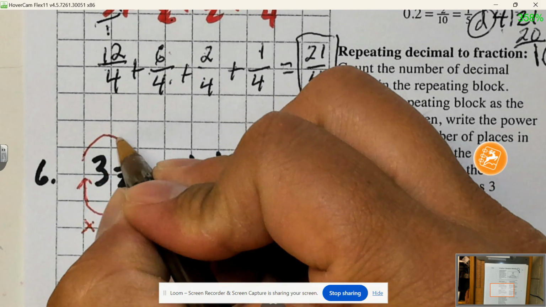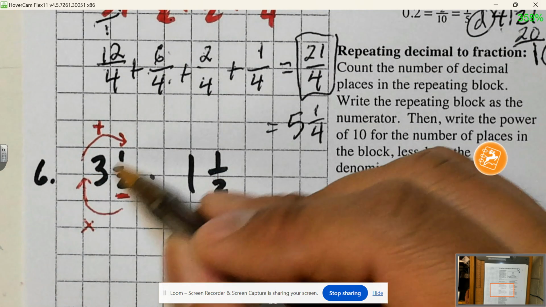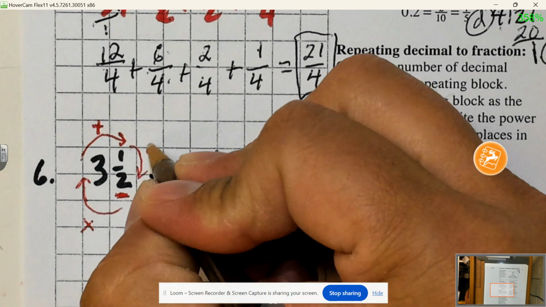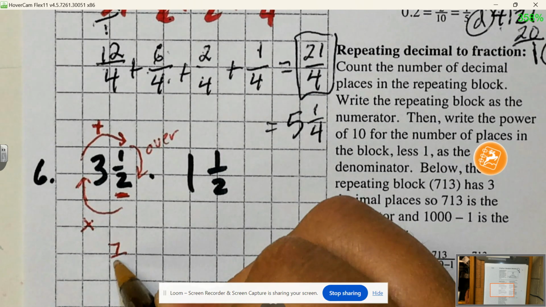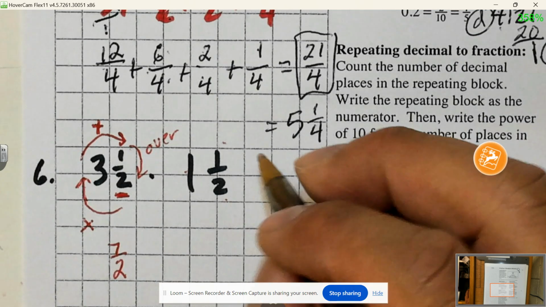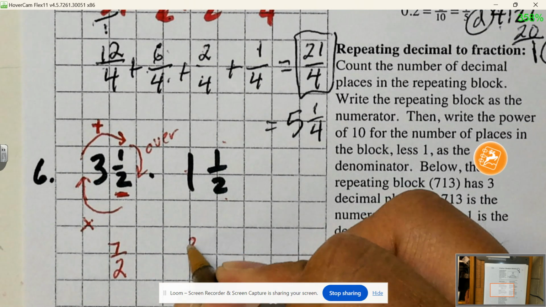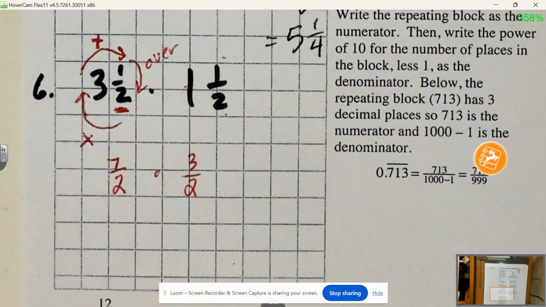We keep going to the next number, which is a 1, and we add 1, giving us 7, and we put it over the 2. So this gives us 7/2. Then 1 1/2, do the same thing: 2 times 1 plus 1 gives us 3/2. So our problem is 7/2 times 3/2.